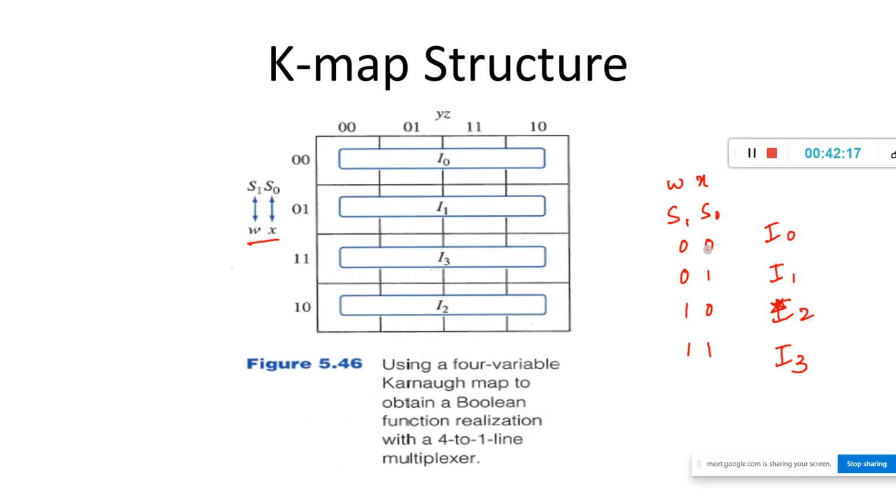So here 0 0, when WX is 0 0, this is I0. 0 1 is here, so I1. 1 0 is here, I2. WX is 1 1 here, this is I3. So this is a K-map structure, using a 4 variable K-map to obtain a Boolean function realization with a 4:1 multiplexer. That is 16, that is a 4 variable function with a 4:1 mux.